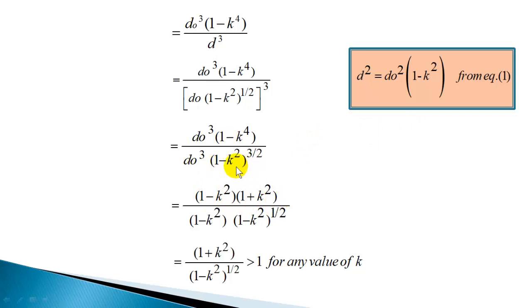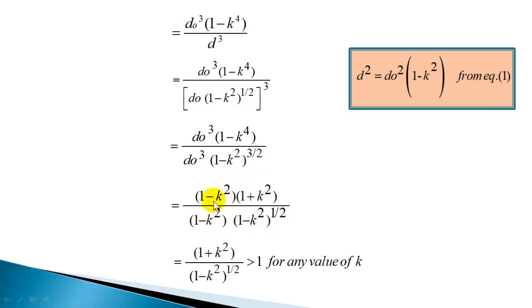In the denominator you have 1 minus k square raised to 3 by 2. 3 by 2 is 1.5. So you can write it as 1 minus k square into 1 minus k square raised to half, because 1 plus 1 by 2 is 3 by 2. So I split the denominator term also into two terms.